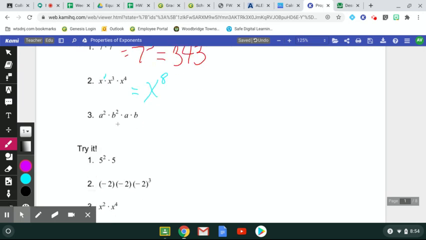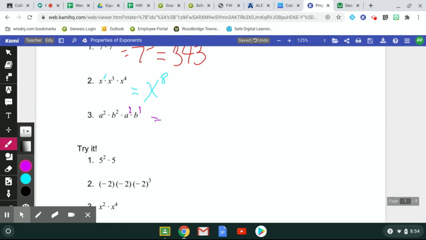A squared times b squared times a times b. Okay, so this one, I have set it up this way on purpose because I want you to remember, first, these have an exponent of 1. And secondly, we're only going to combine the ones that are the same base. So I can combine the a with the a and the b squared with the b.